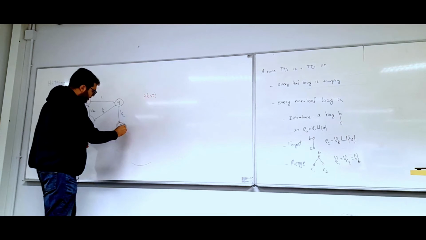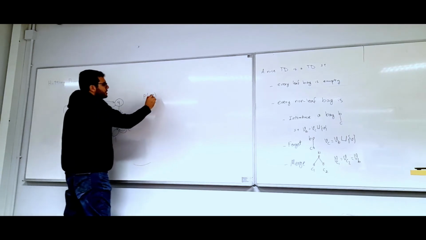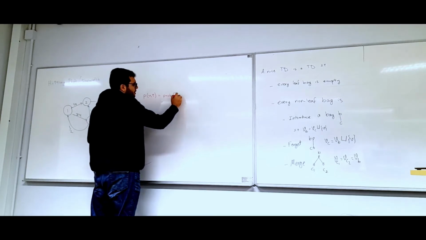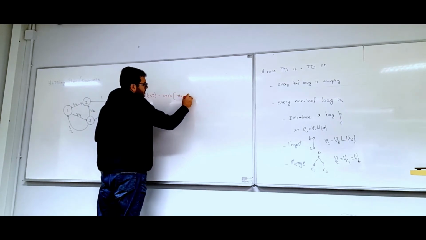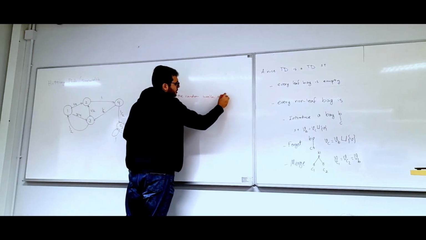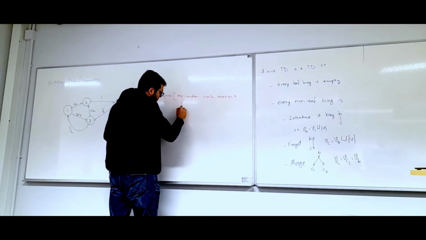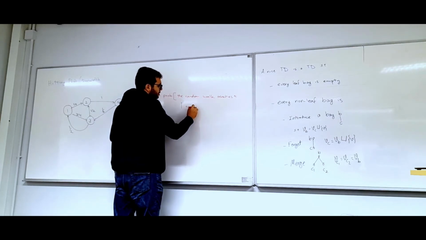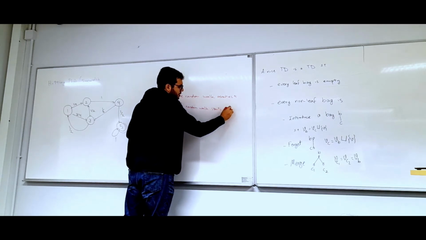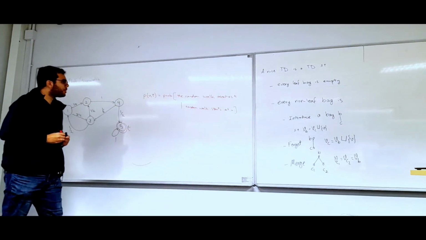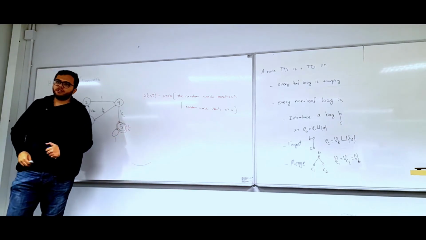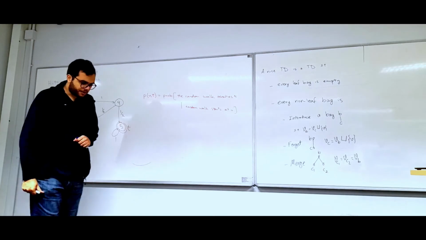So T is my target vertex, and P of u,t is the probability that the random walk reaches T. And this is assuming that the random walk starts at u. So if I have a random walk that starts at vertex u, what is the probability that I eventually reach my target? That's the problem I want to solve.